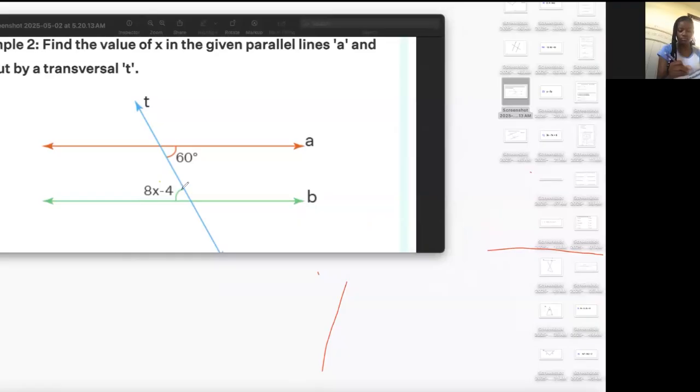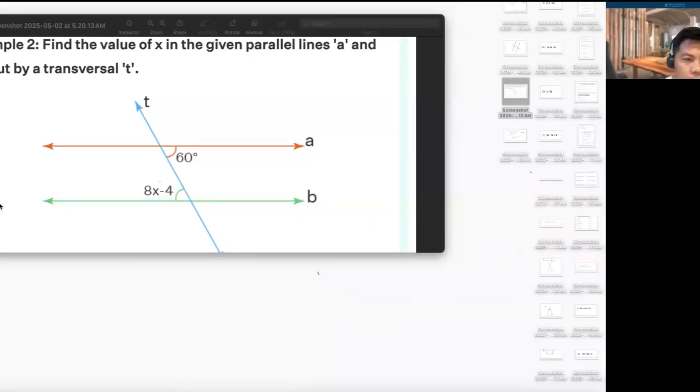This green one corresponds to what? Can you point me to the angle that corresponds? The green one, Diana? I think this is a Z method. If it looks like a Z, the two inner parts are equal to each other. That's great.